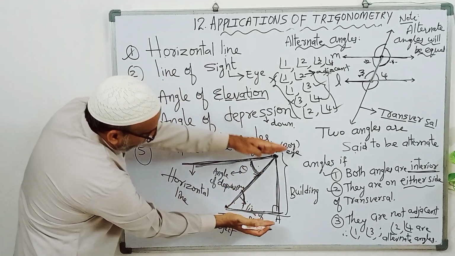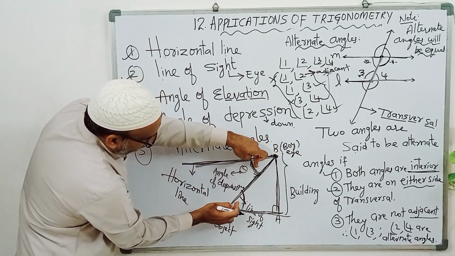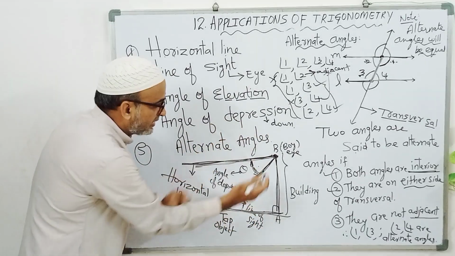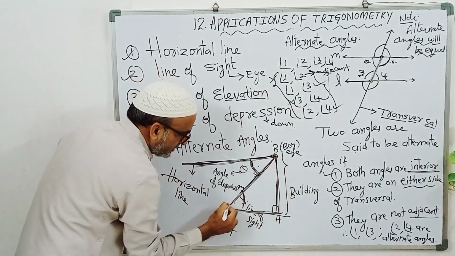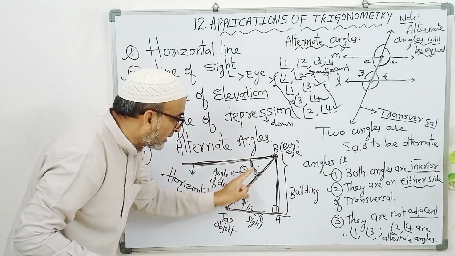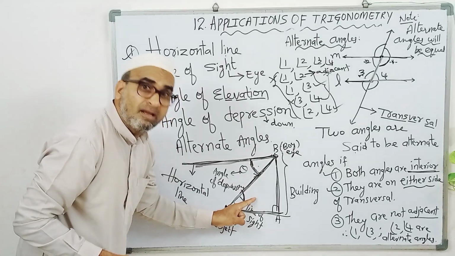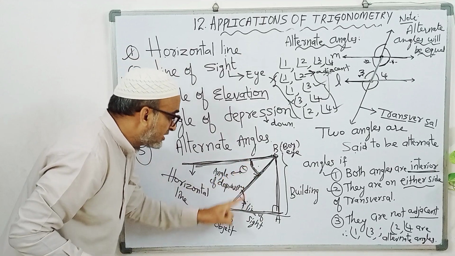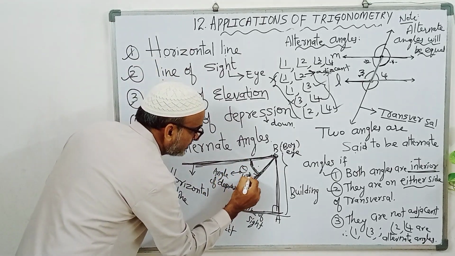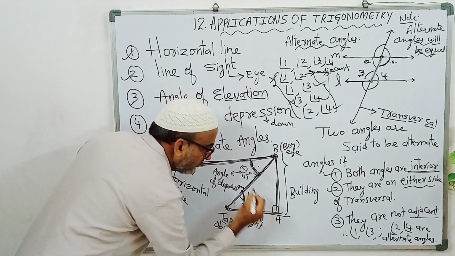These two you see, parallel lines, transversal, both are interior, they are on either side. This angle's vertex is here, this angle's vertex is here, they are not having a common vertex, that's why these two angles are known as alternate angles. Every time these alternate angles will be equal. Suppose this is 45 degrees, you should take this value also 45 degrees.